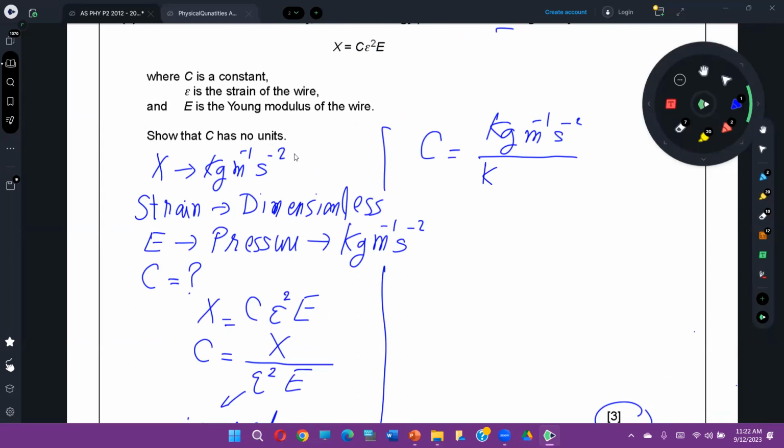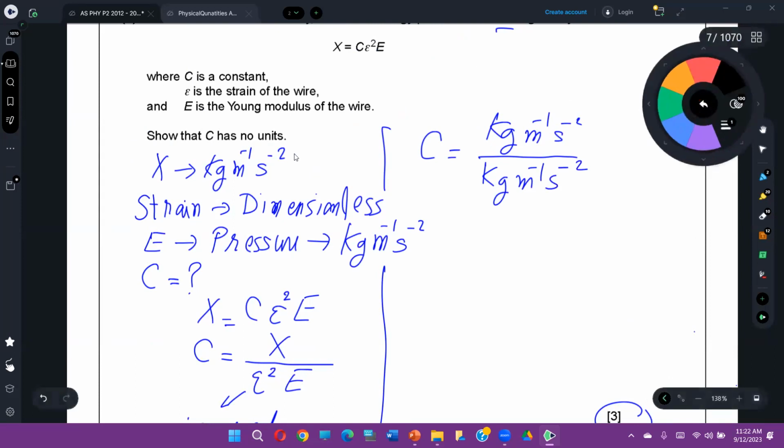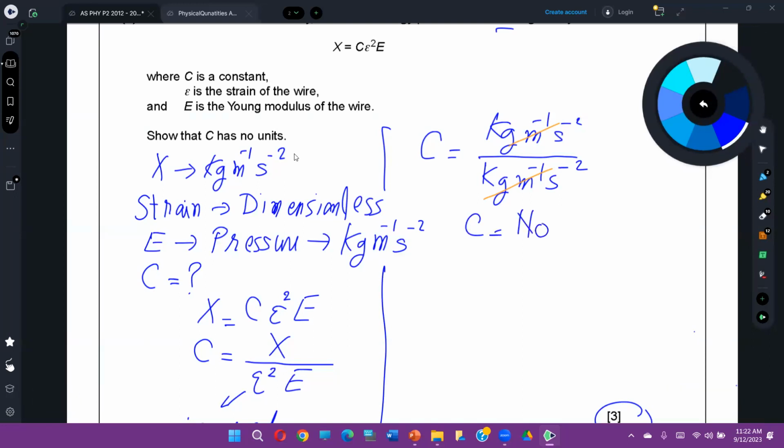N minus 1, s minus 2. Now look at the denominator and the numerator. Can I cancel them? With a gentle cancellation, I can cancel it, and C is equal to no unit.